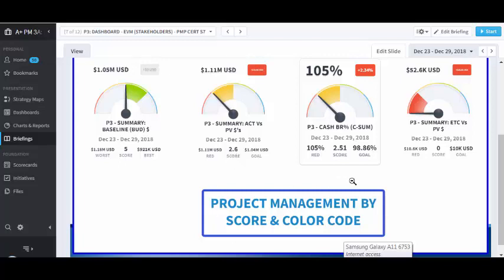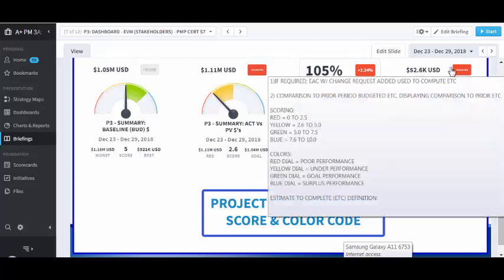We know that the score for the cash burn rate percentage is 2.51. And we know that the score for the estimate to complete is 0. So we know that we're in need of funds. We're overrunning at the current time. The actual performance is 52,600.